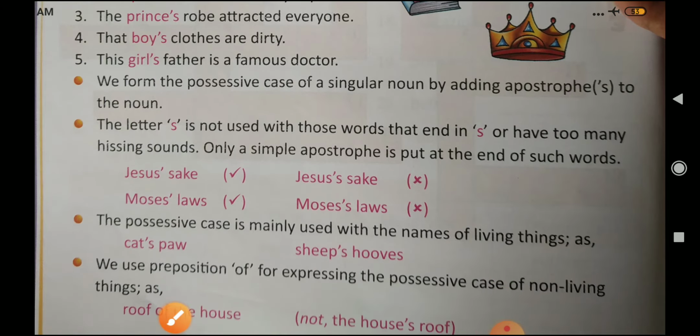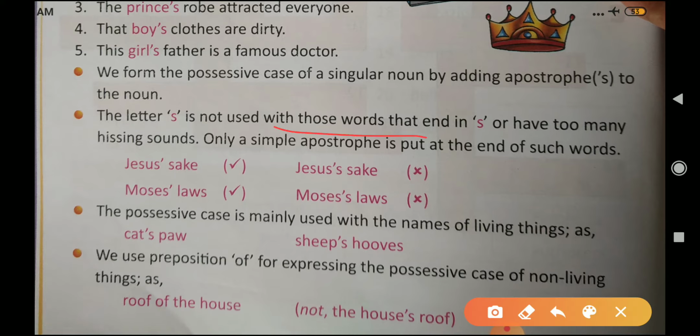But s is not used after the apostrophe with those singular nouns that end in s or have too many hissing sounds. For example, Jesus. Here you can see that the last letter of this word Jesus is s.